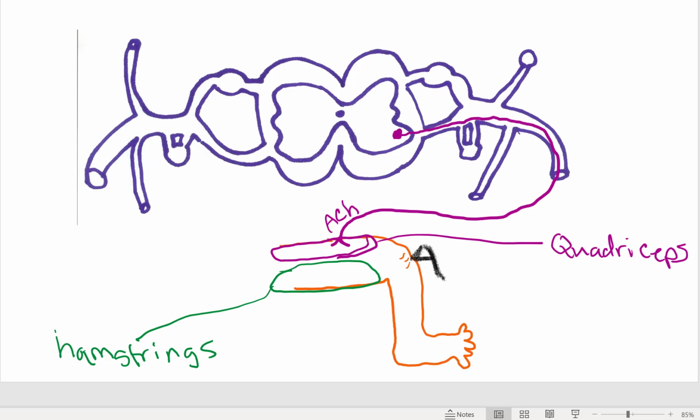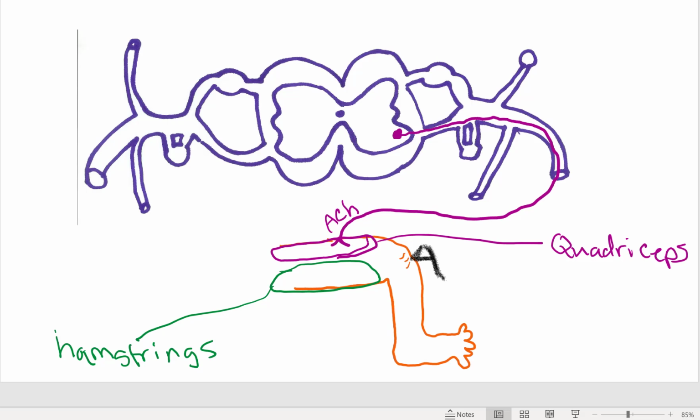So this afferent fiber is actually found in the quadriceps muscles. There are special receptors in all muscles. Any muscle that can be stretched has these special receptors.